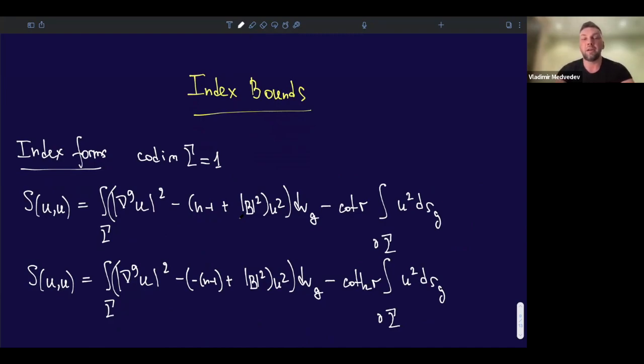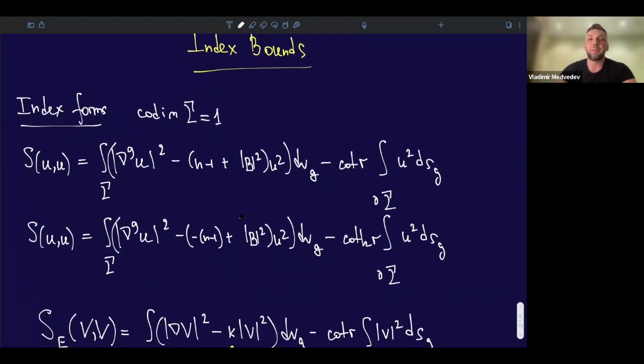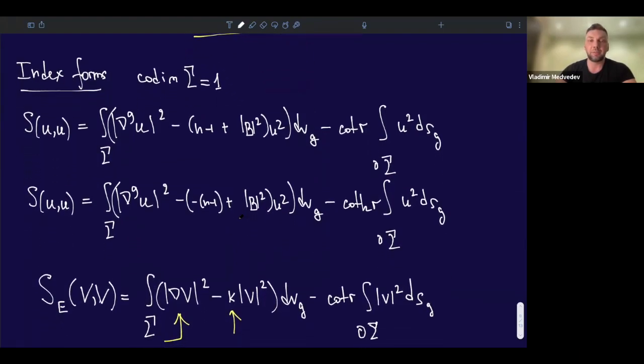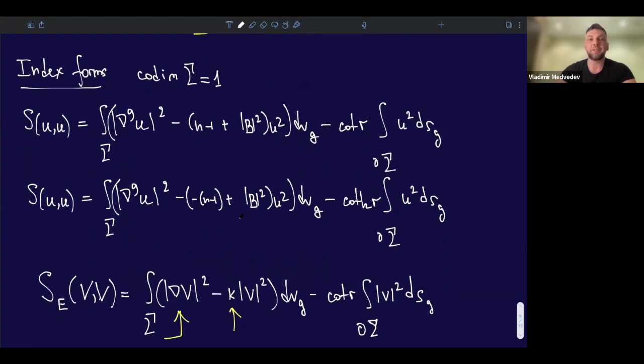Okay, what you can also do with this description of free boundary minimal submanifolds is ask the same questions as I explained in the beginning for the flat case, for example, about the index and index estimates.